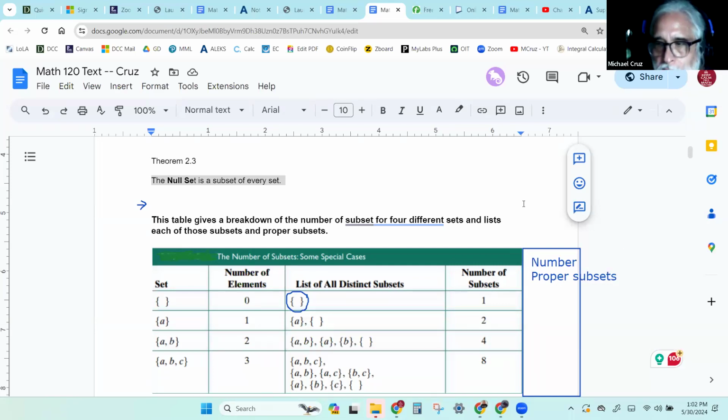In there, I'm going to put the number of proper subsets because this chart doesn't have it. So I want to add it just to give us a little exercise here.